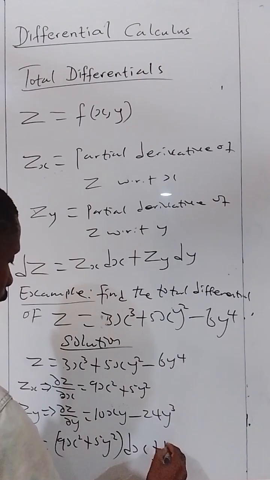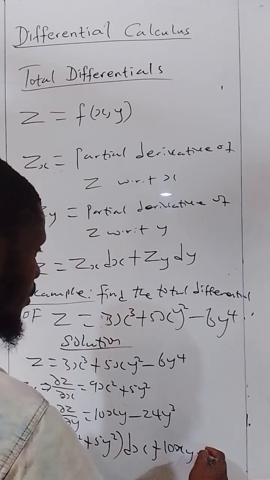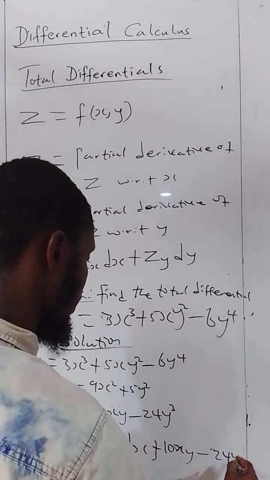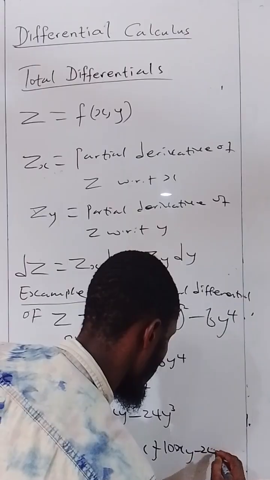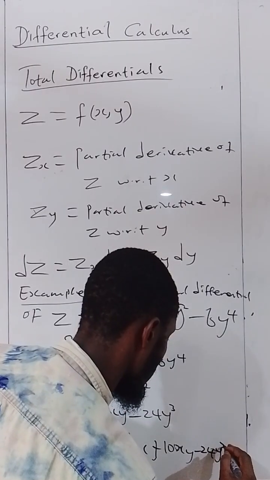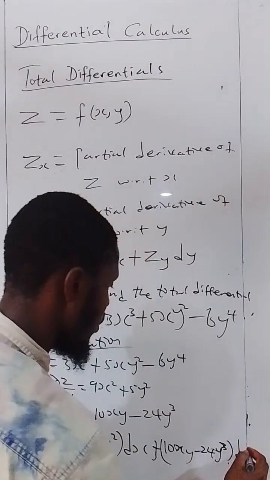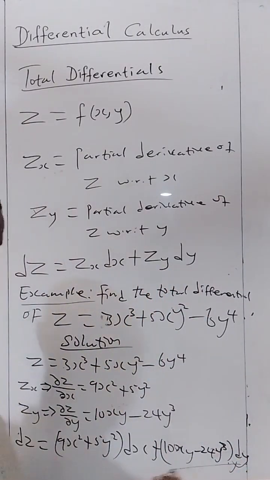So we have 10xy minus 24y raised to the power 3. So we put in bracket, then we add dy, which is equivalent to this side. So this is our total differential of this function.